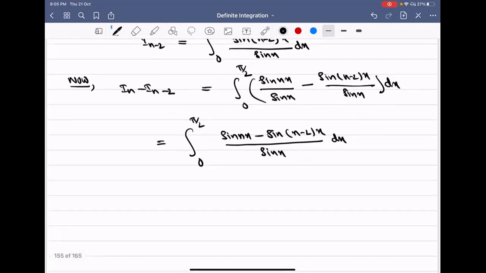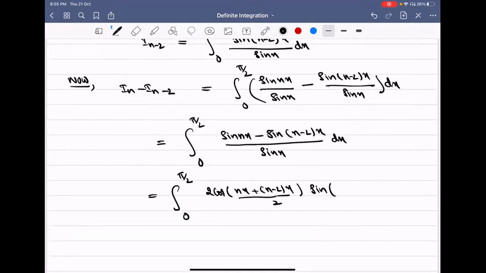Now here in the numerator use sin C minus sin D, which is 2 cos of (C plus D) by 2, that is nx plus (n minus 2)x over 2, into sin of (C minus D) by 2, over sin x dx.